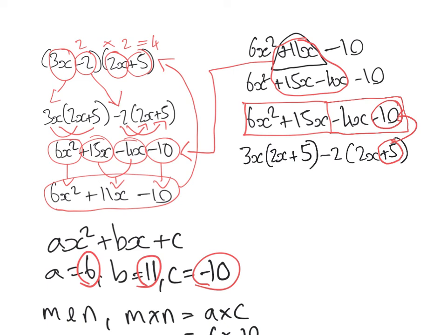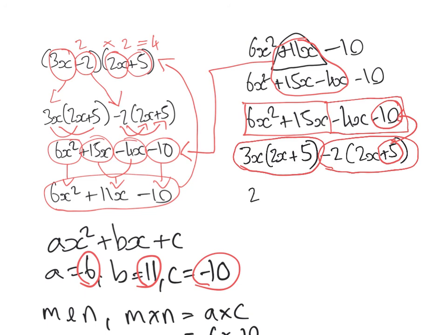Okay, final step then. We now have two terms in this expression. We have this one, the 3x brackets 2x plus 5, and this one, the negative 2 brackets 2x plus 5. What's common to them? Yep, brackets 2x plus 5. So, although you've probably only ever taken a letter or a number out, you can take anything out as long as it's common, and in this case, the bracket's common.